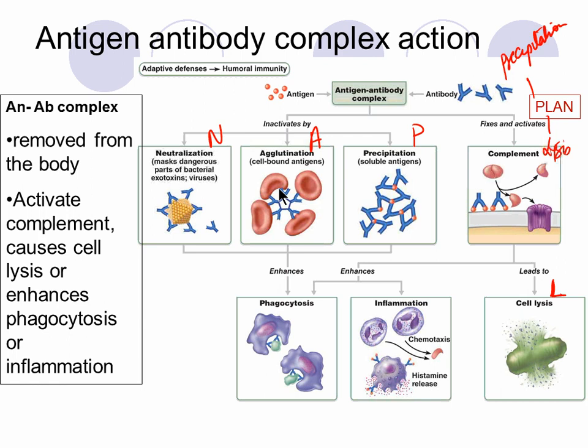You saw how red blood cells agglutinate if they have the antigen and the antibody. Or antigen-antibody complexes also undergo neutralization, where some dangerous parts of the bacterial exotoxins or viruses are masked so that they don't produce their deleterious, their harmful effects.